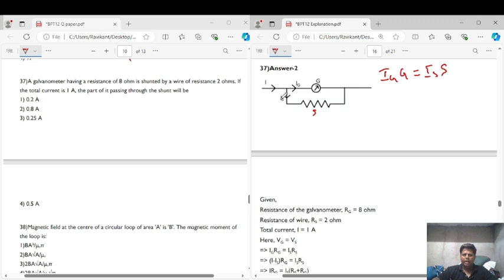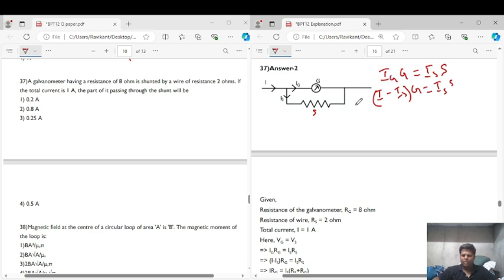Now we have to find the part of current passing through the shunt. We have to find Is. So Is is not known to us, so Ig can be written as I minus Is. So (I minus Is) into G is equal to Is into S. Right?